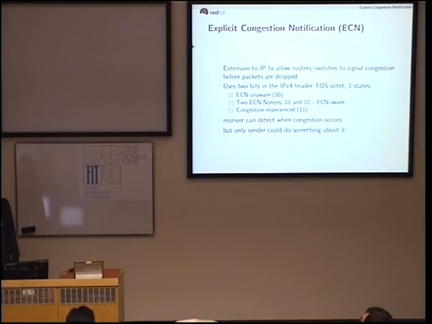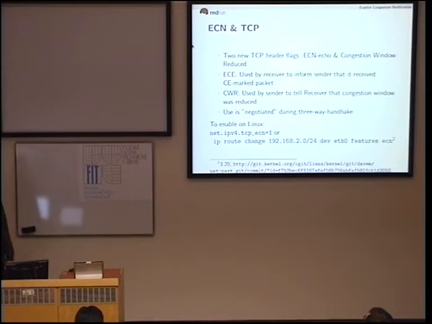We have set a magic marker, but only the receiver knows about it, because it can look at the packet, but the sender cannot. So we have to plumb this into TCP somehow. And that was done by adding two new TCP header flags, namely ECE and CWR. So what happens is, if this extension is negotiated during the three-way handshake of TCP, then when the receiver sees this marker in the packet header, it will raise the TCP flag ECE in the next acknowledgement that it sends back to the sender.